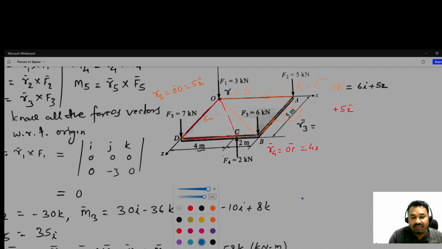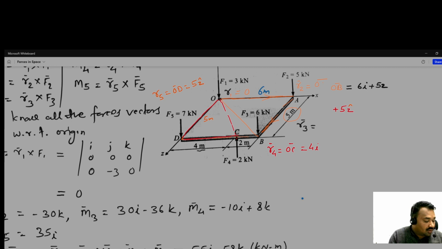X is equal to, this is the x, and it is 6 meter. So 3.05, x is equal to 3.05. So somewhere here about, okay. And what about z? So z is equal to 2.89.